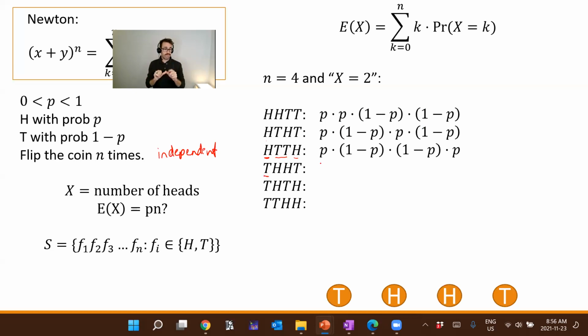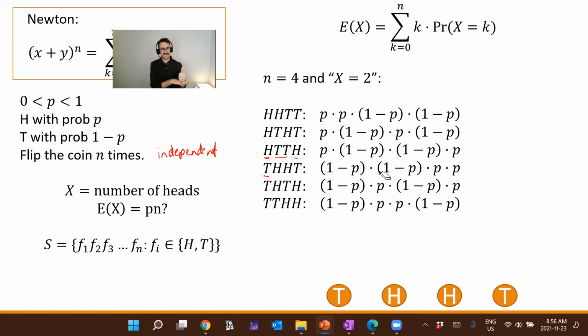Here is 1 minus p for the tails times p for the heads times p for the heads times 1 minus p for the tails, etc. Sorry, I did these in a different order, but regardless, I think you get the idea. Are there questions on that? Does everybody understand how to compute the probability of 4 independent coin flips?